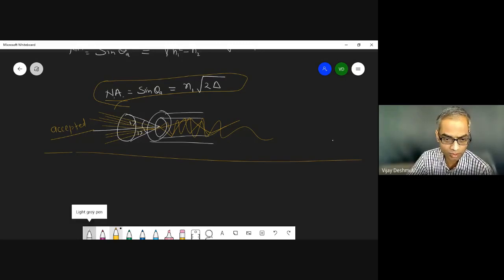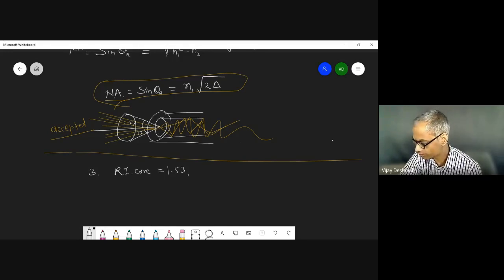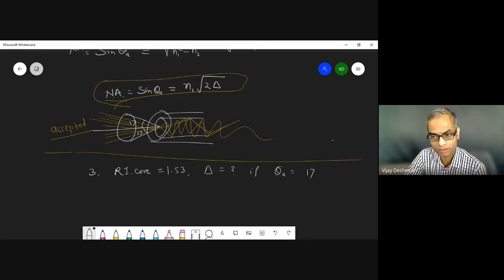So take numerical number 3. Suppose the refractive index of the core is 1.53, as in the above example. Then the fractional refractive index is what you have to calculate, if the angle of acceptance is 17 degrees.